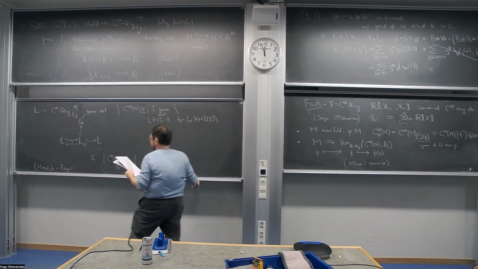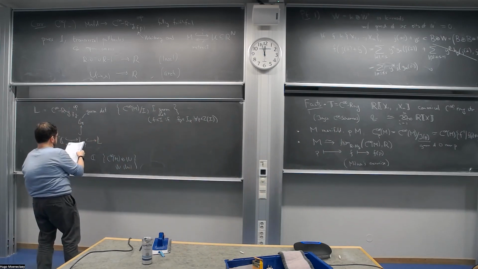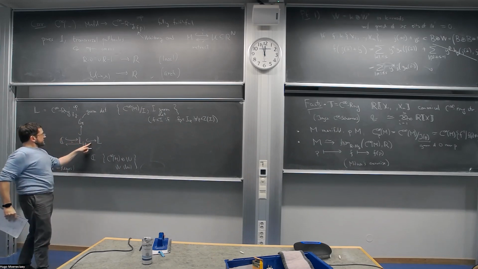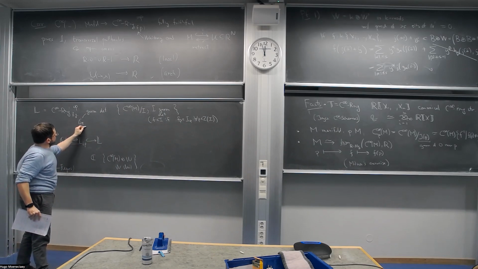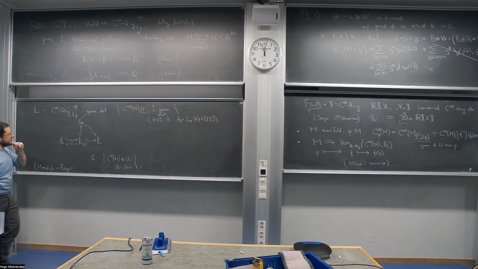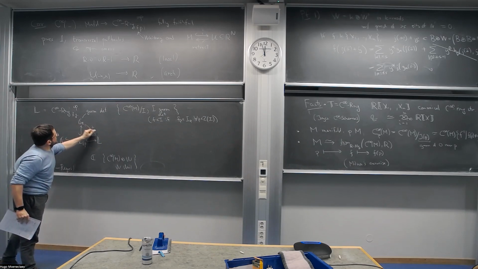Germ determined. Okay. This one doesn't have a right adjoint, but there's an inclusion here. This sits inside there, and this has a right adjoint.